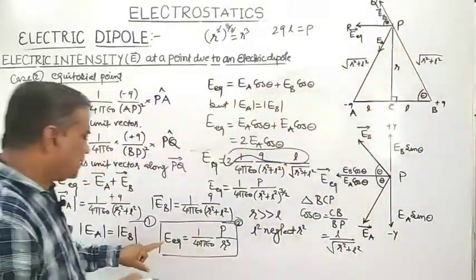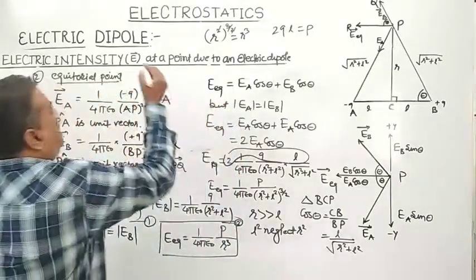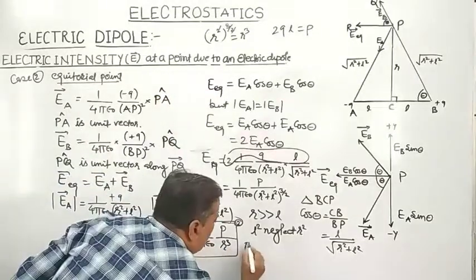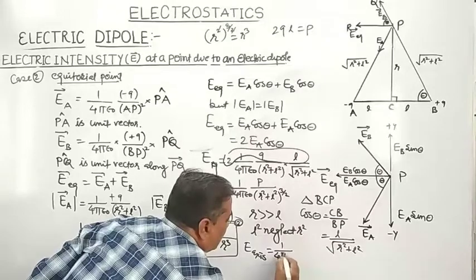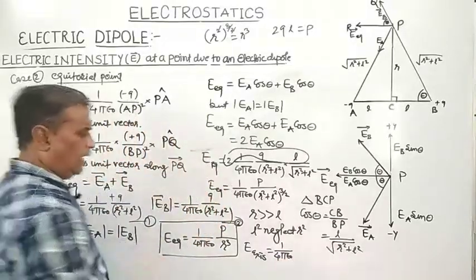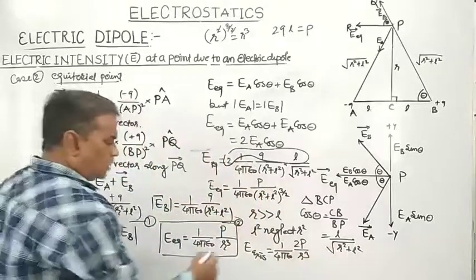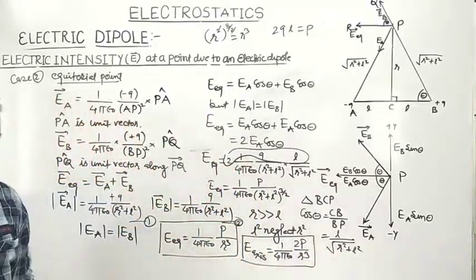And remember E axis and E equator, what is the formula for E axis? E axis is equal to 1 upon 4 pi epsilon 0, and we have 2P divided by R cube. So E equator is 1 upon 4 pi epsilon 0 P by R cube.